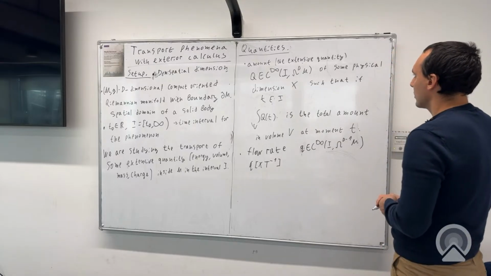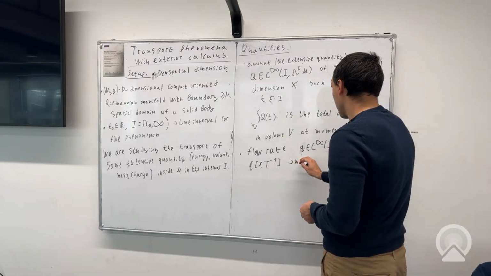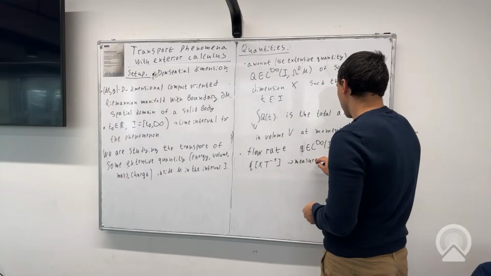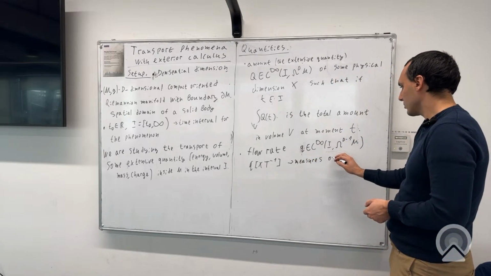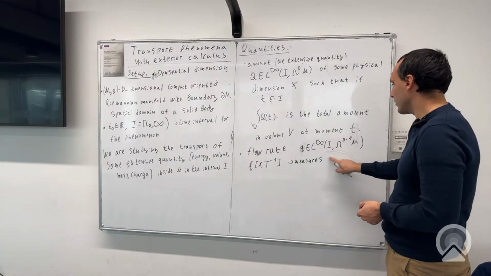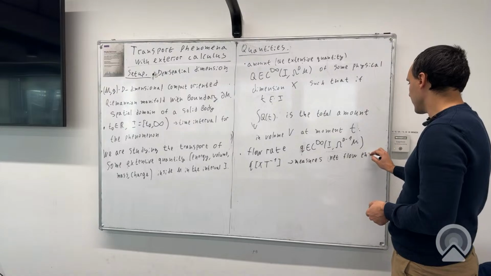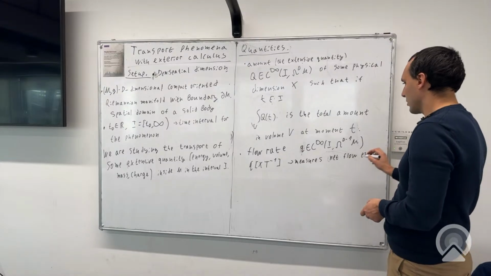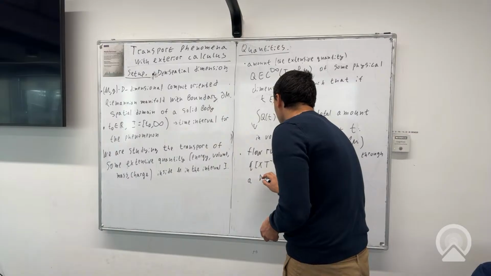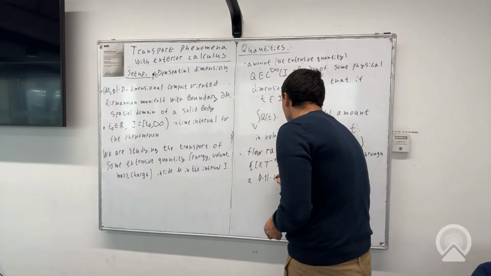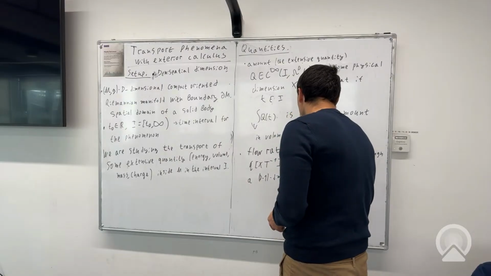So it measures outflow. So it measures net flow through a surface, a d minus 1 dimensional surface.